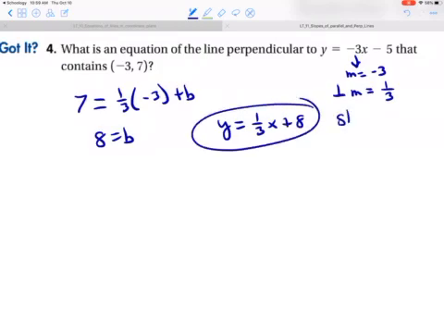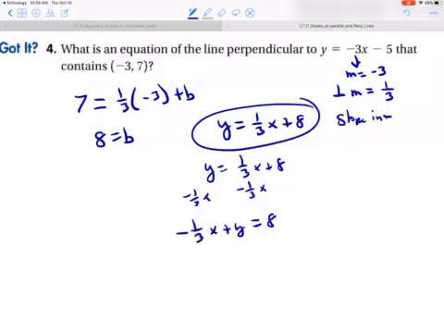That's my slope intercept form. To get to standard, I'm going to take y equals 1/3 x plus 8 and get the x on the other side. So subtract 1/3 x on both sides. So I get -1/3 x plus y equals 8. Couple problems with this. First, I have a fraction, I need an integer, and second of all, I can't have my x coefficient be negative.